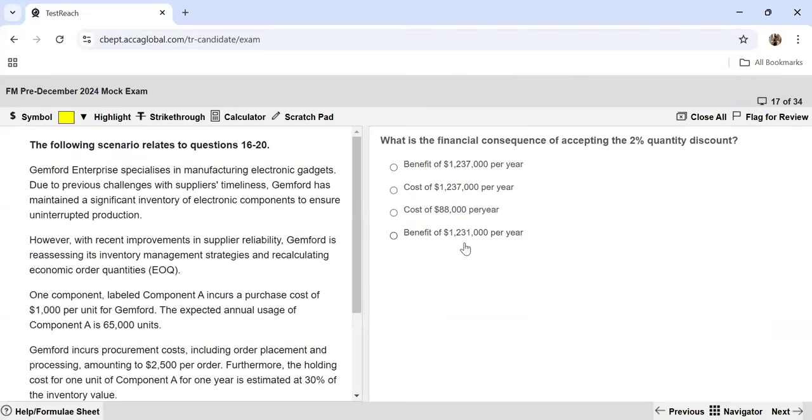What is the financial consequence of accepting the 2% quantity discount? We already know that the EOQ is 1041 units, and we will compare the costs and then we will be able to give our final answer. For me to be able to explain this calculation better to you, give me just a moment while I open a small Excel spreadsheet.